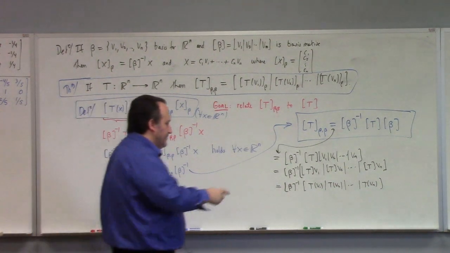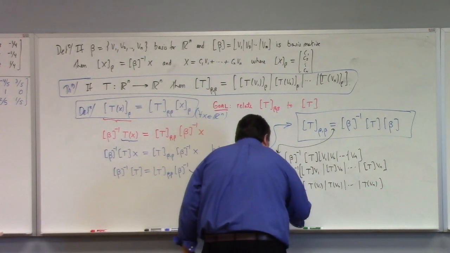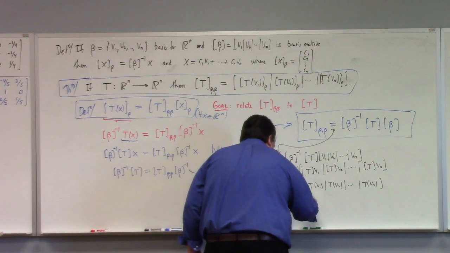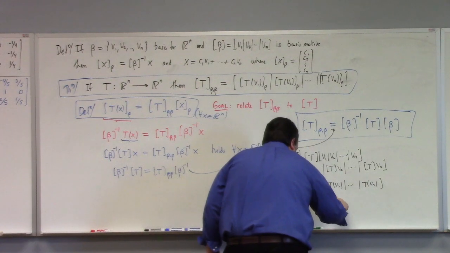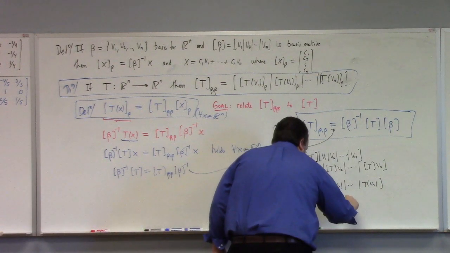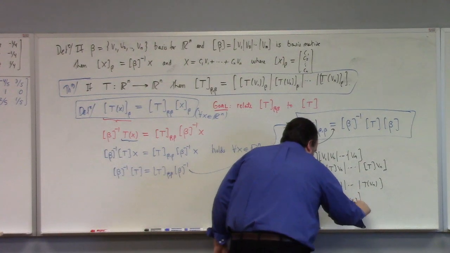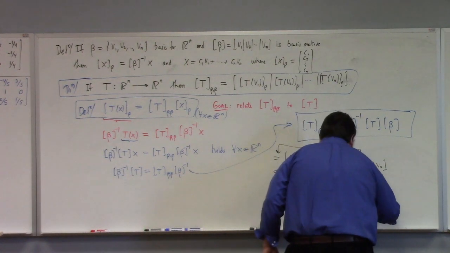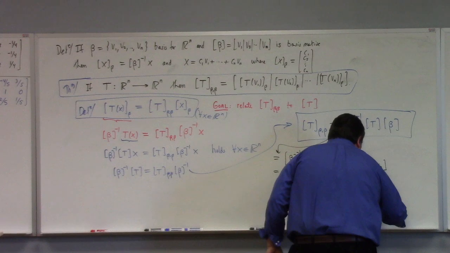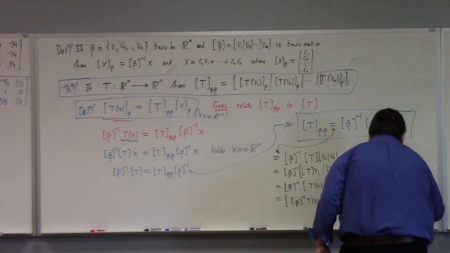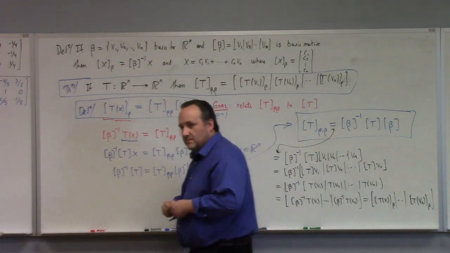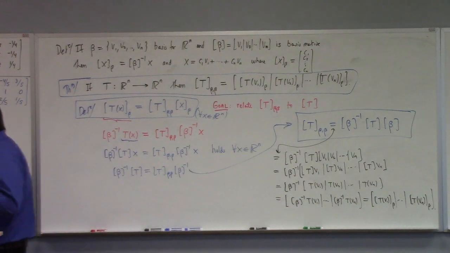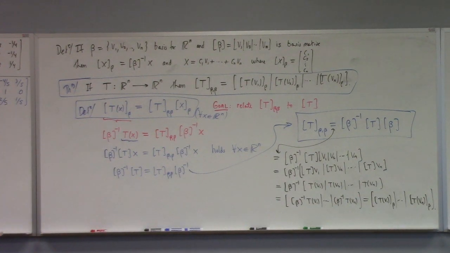And then this, by the usual matrix multiplication column by column rule, is beta inverse times T of V1, beta inverse times T of Vn. But my friends, that is nothing more than the coordinate vector of T of V1 all the way out to the coordinate vector of T of Vn. Which shows you that, in fact, my original definition is a derived consequence of our definition.